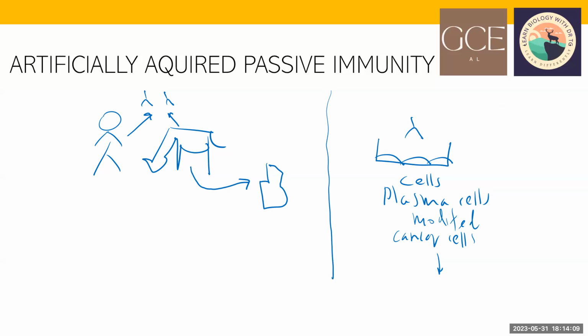So we are not going to learn in detail precisely each step of antibody production. But you know now that we can produce antibody. In certain cases, we can also collect blood from people and purify antibody.